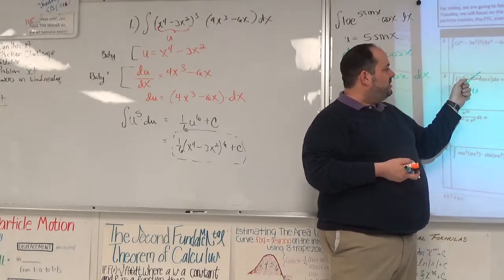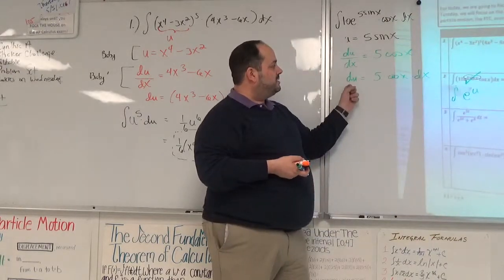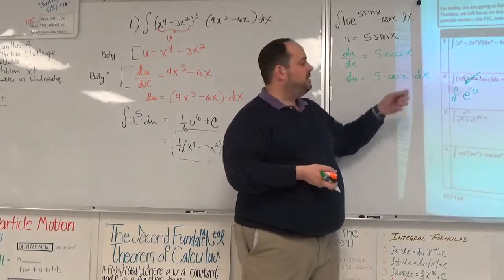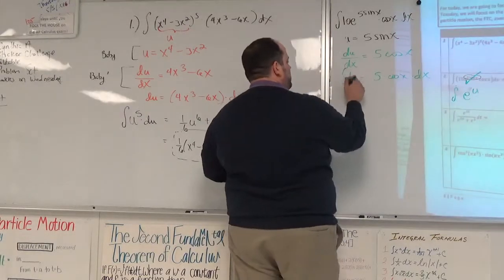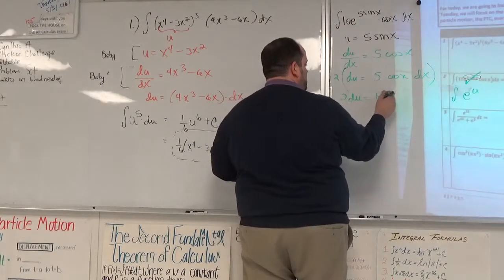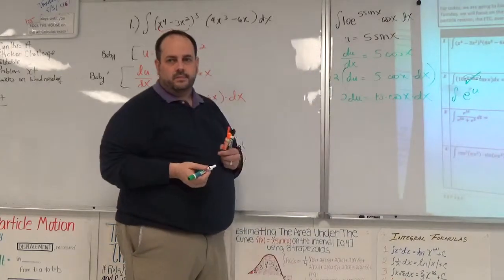If what I have in the integrand is 10 cosine of x dx, and my work over here says that du is equal to 5 cosine of x dx, then if I multiply both sides by 2, I know that 2 du is equal to 10 cosine of x dx.